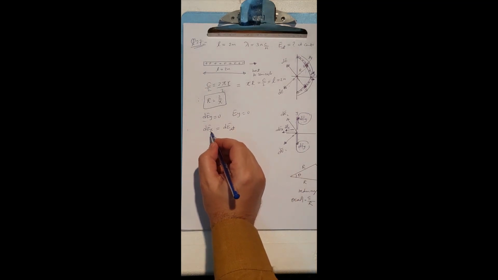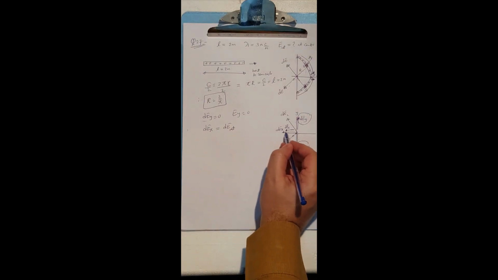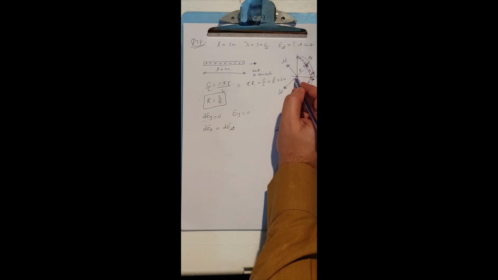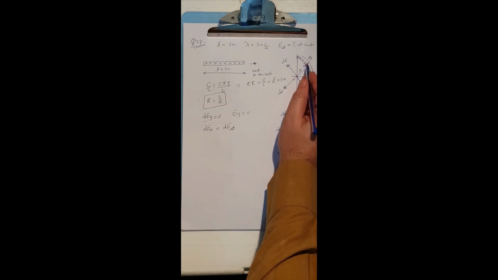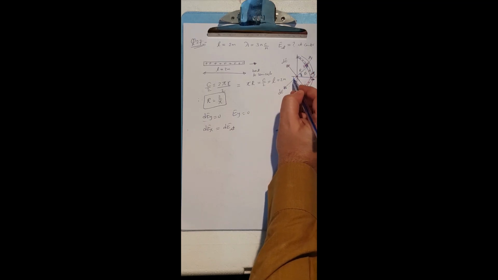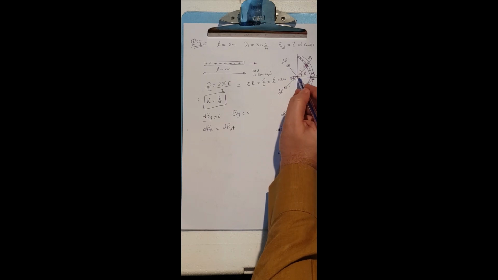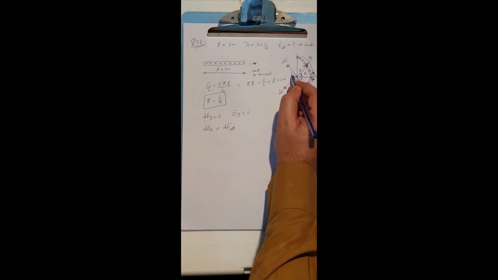Remember, dEx means the X component. If you look here, say for this element, as an example, this angle is theta, and you find this is theta. And even for this one, if you say this is theta, for this element, it's theta.